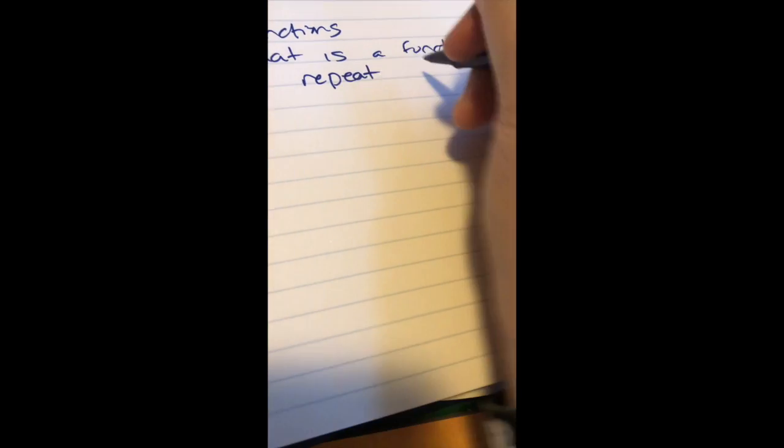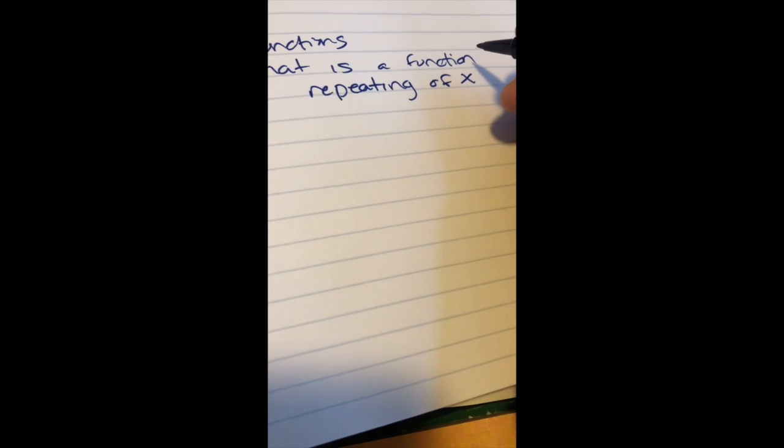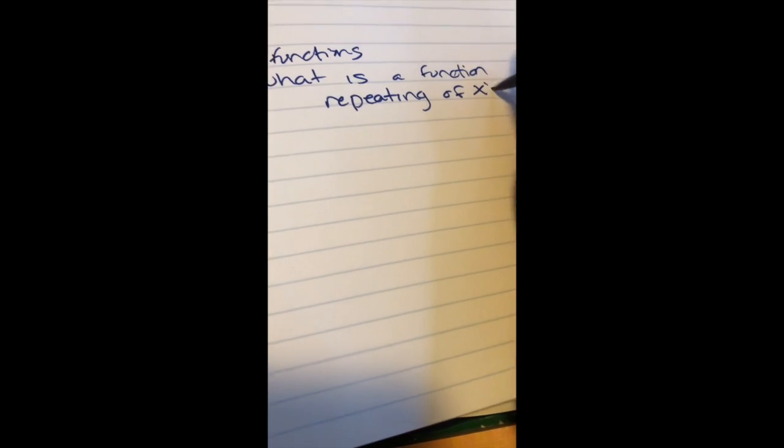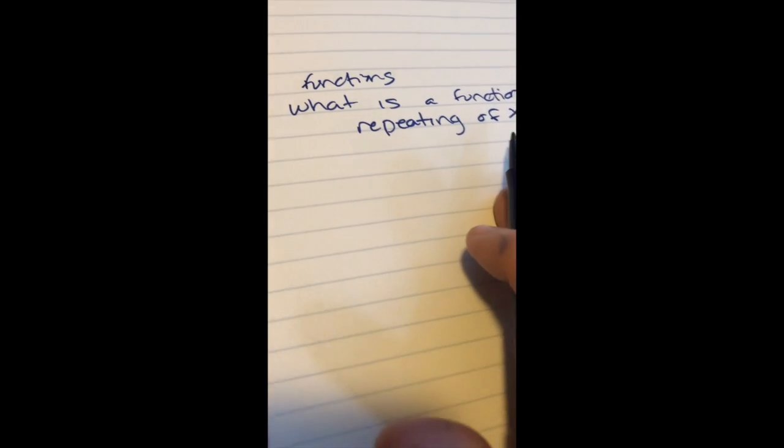So, we have learned a lot about functions. We have learned what a function is, talking about a repeating of x's is not a function. This includes things like repeating of inputs, repeating of x values.